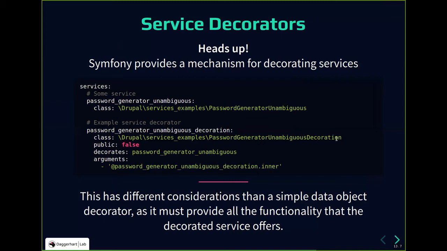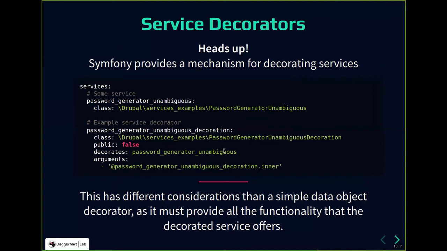So what we end up having to do with our decorator service is make sure that every bit of functionality that is available on the thing it's decorating is available on our decorator. Otherwise, you're going to surprise a lot of parts of the system.